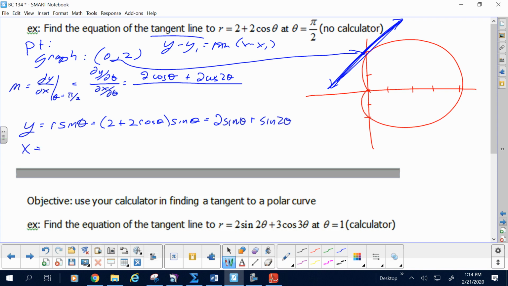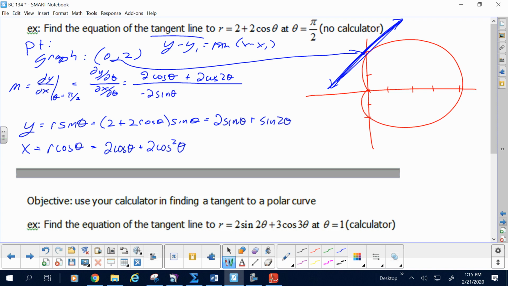Now let's also find x, so we can find dx d theta. x is r cosine theta, right? And so if I put in r, distribute the cosine, wouldn't that be something like 2 cosine plus 2 cosine squared? Stop me if you disagree or you don't understand where I got that. Okay, so what's the derivative?